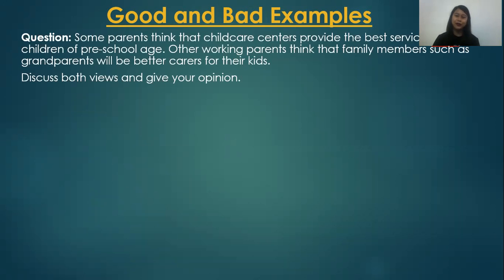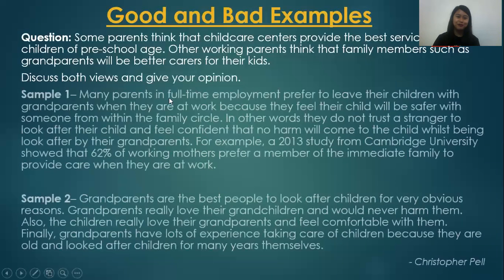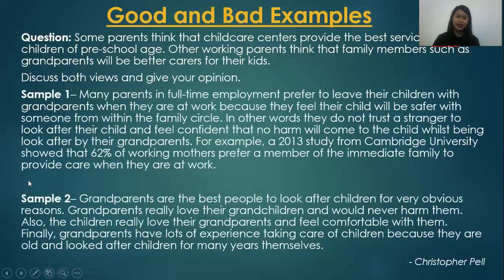Other working parents think that family members such as grandparents will be better carers for their kids. Discuss both views and give your opinion. And the 2 examples are the following. You've got sample 1 and sample 2. So feel free to pause this video if you need some time to think.